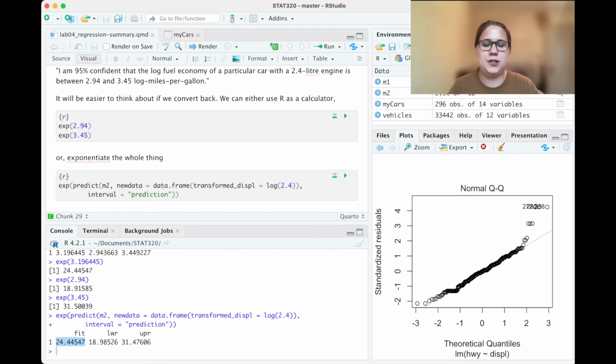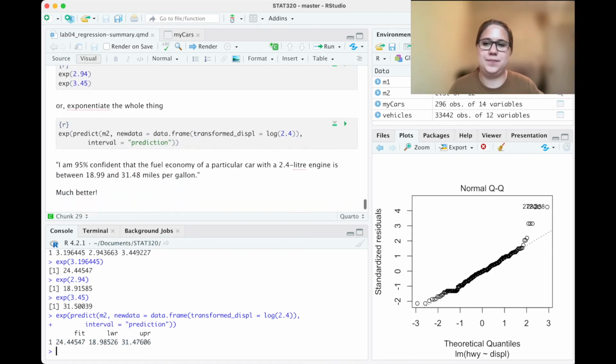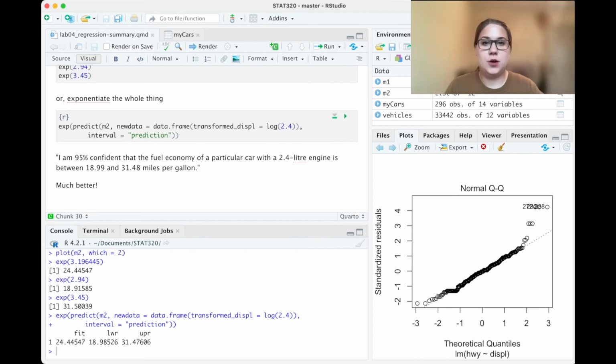So it exponentiates my fit, it exponentiates the lower, it exponentiates the upper, and now we're back in miles per gallon. And so we can say, I'm 95% confident that the fuel economy of a particular car with a 2.4 liter engine is between these two different numbers. It's a little bit different interval from before because we did those transformations. So that makes much more sense in the scale of the data.